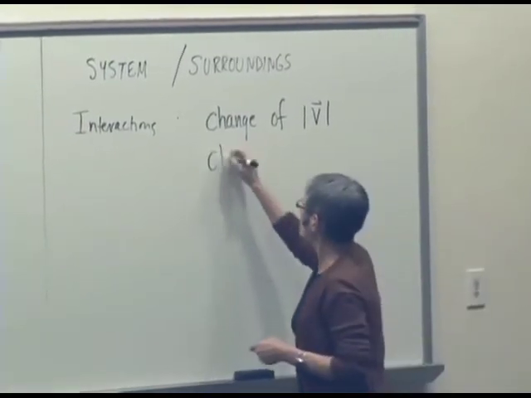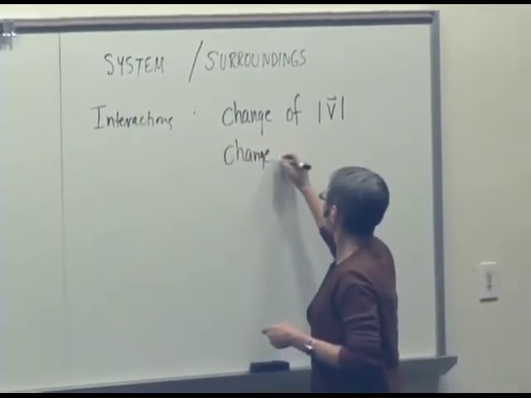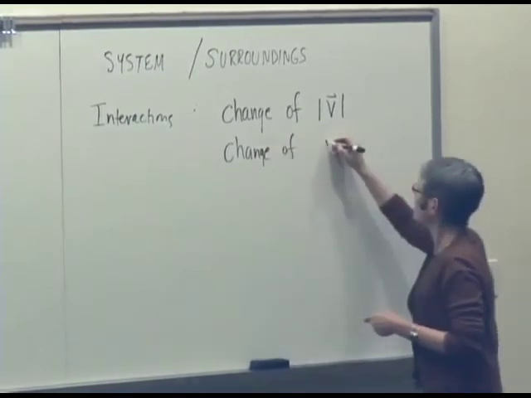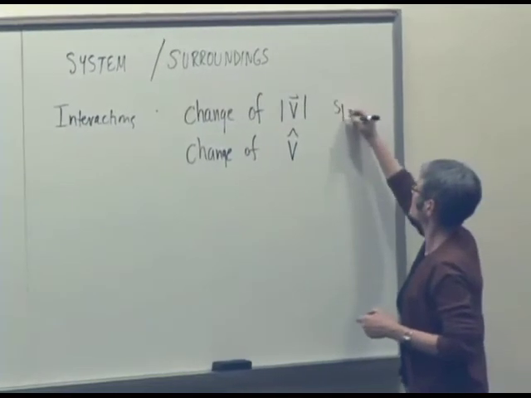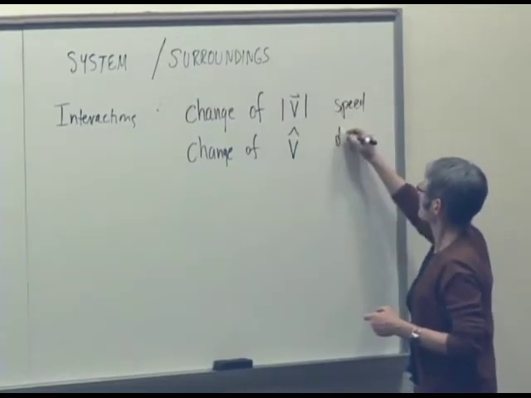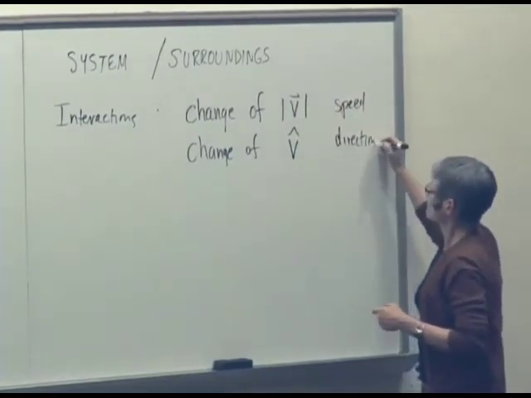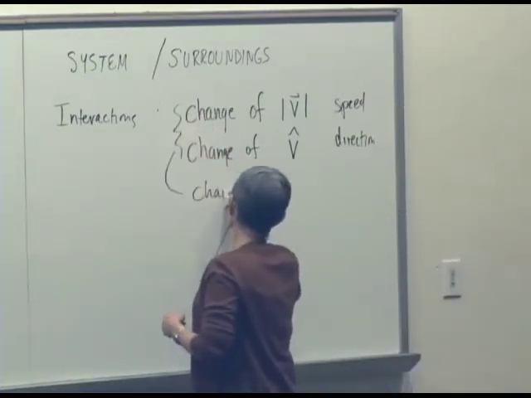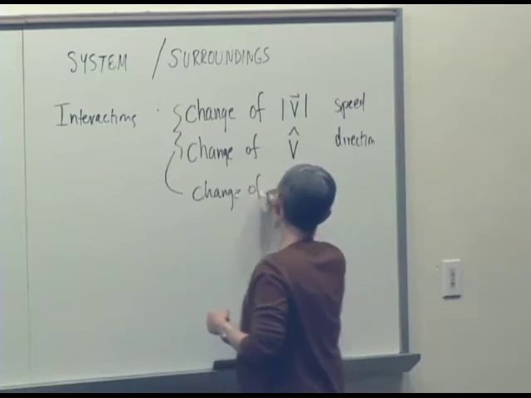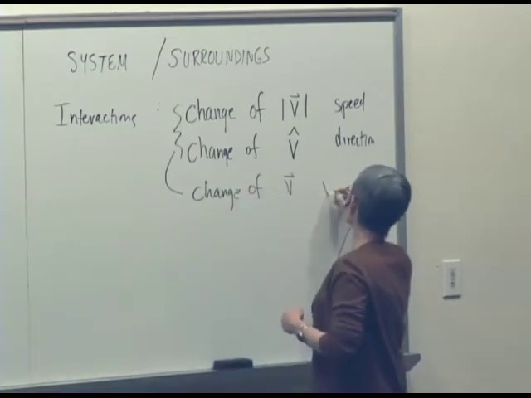Change of direction: well, we can now write that as the unit vector in the direction of the velocity. Or we can actually put this together and say just change of velocity, a vector.